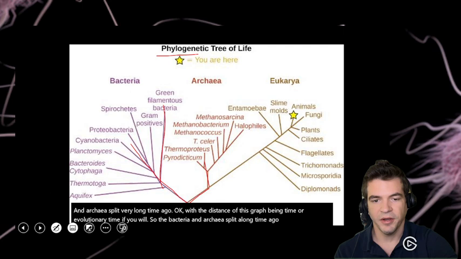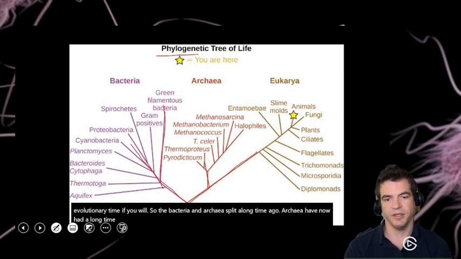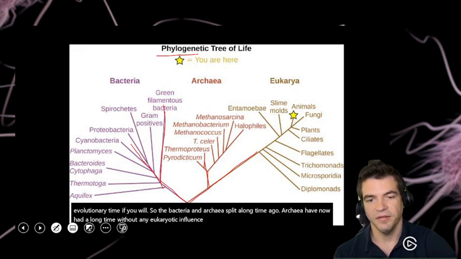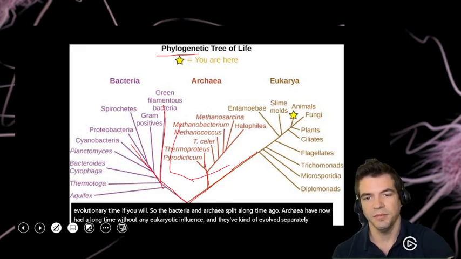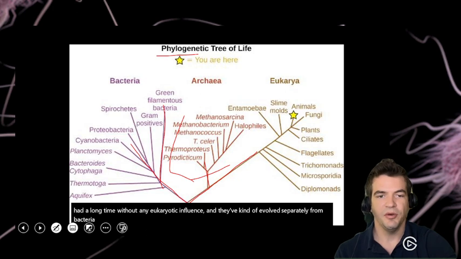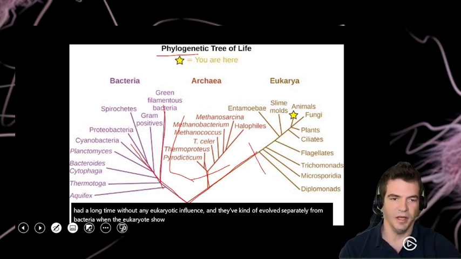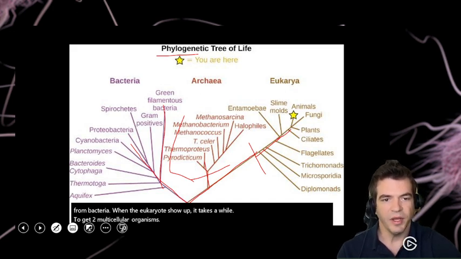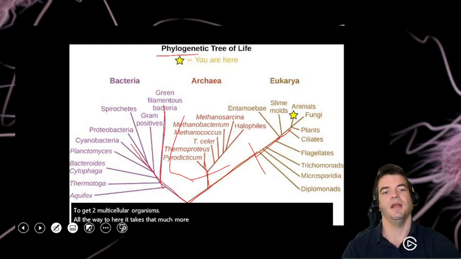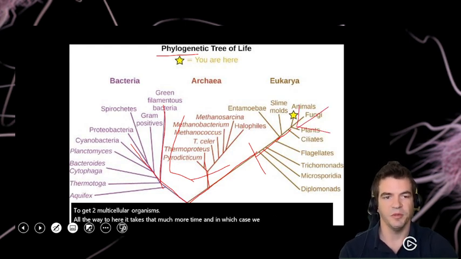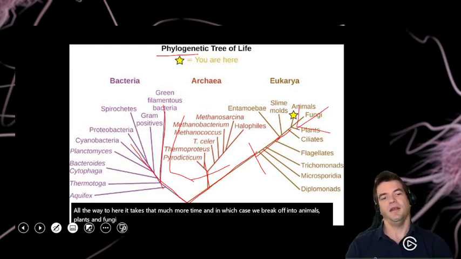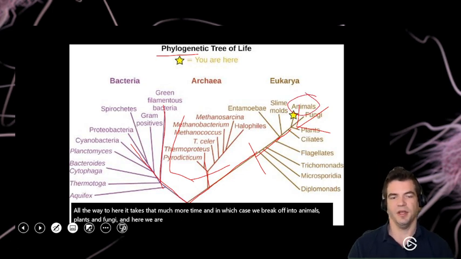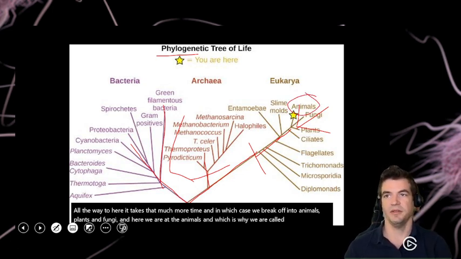Archaea have now had a long time without any eukaryotic influence, and they've kind of evolved separately from bacteria. When the eukaryotes show up, it takes a while to get to multicellular organisms, all the way to here. It takes that much more time, and in which case we break off into animals, plants, and fungi. And here we are at the animals, which is why we are called Homo sapiens.